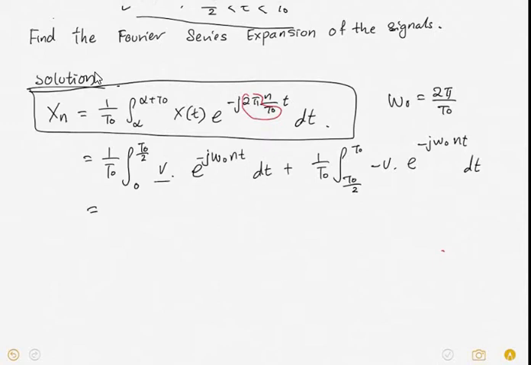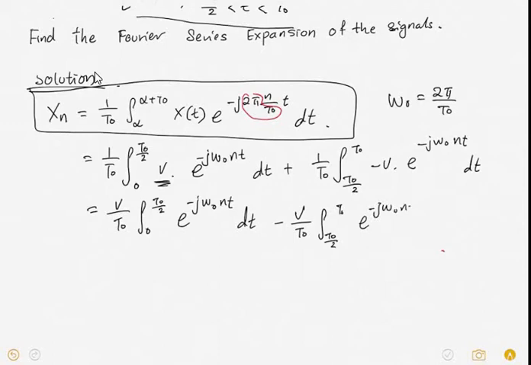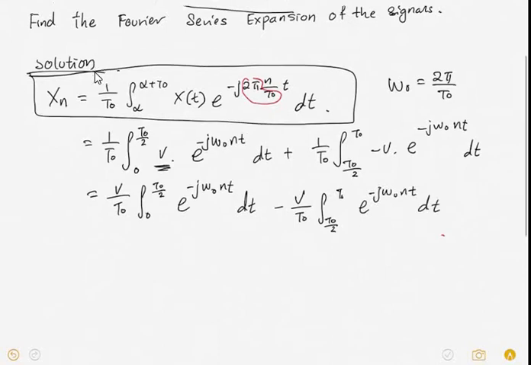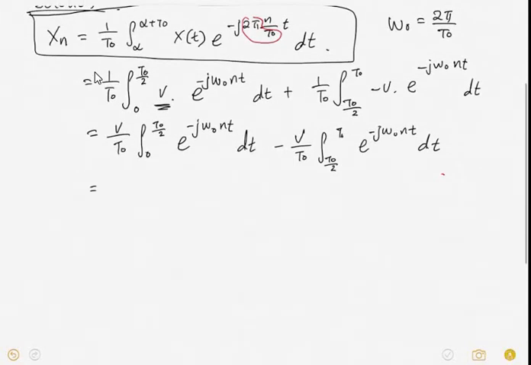Since V is a constant, I have V over T naught from 0 to T naught over 2, and then I copy down the exponential part, minus V over T naught from T naught over 2 to T naught, and then I perform the integration. Okay, integrate the exponential.